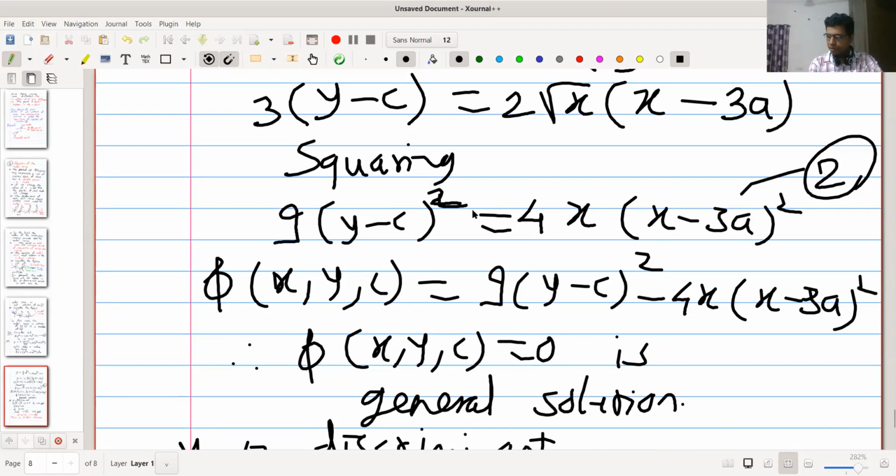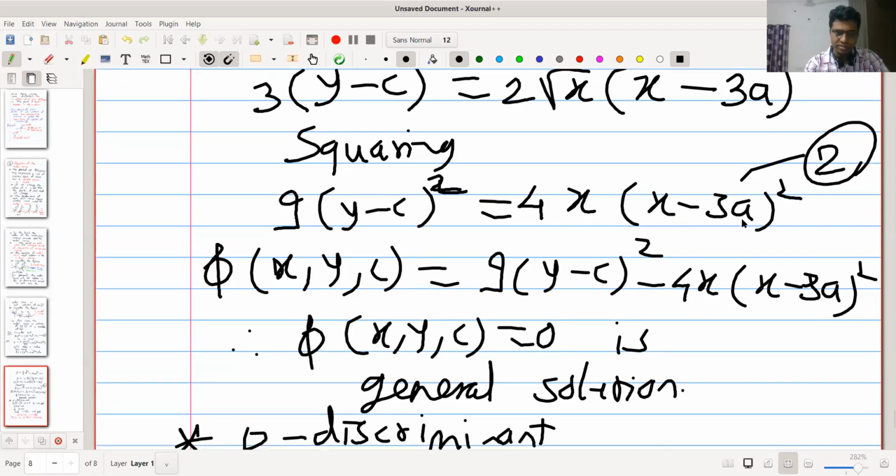That means y minus c equal to 0, and if we substitute in 2, then the left hand side is 0, and that will be the same as 4x into x minus 3a square equal to 0. That means we get two things. First is x equal to 0, and second is x minus 3a equal to 0.